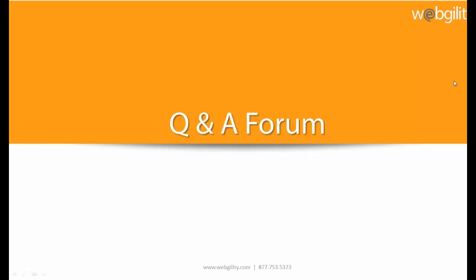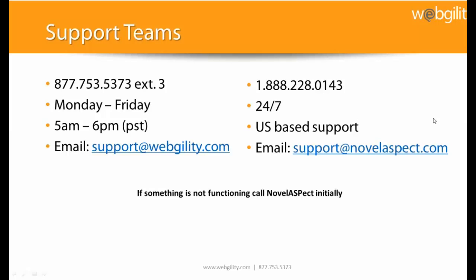Last thing I wanted to mention is support. We've got support here at Webgility, and we also have NovelASPect support as well. So if something isn't functioning with the NovelASPect, contact NovelASPect first. They can help you through it, especially if you have some questions about a thermal printer, you can always lean on NovelASPect to do that for you.